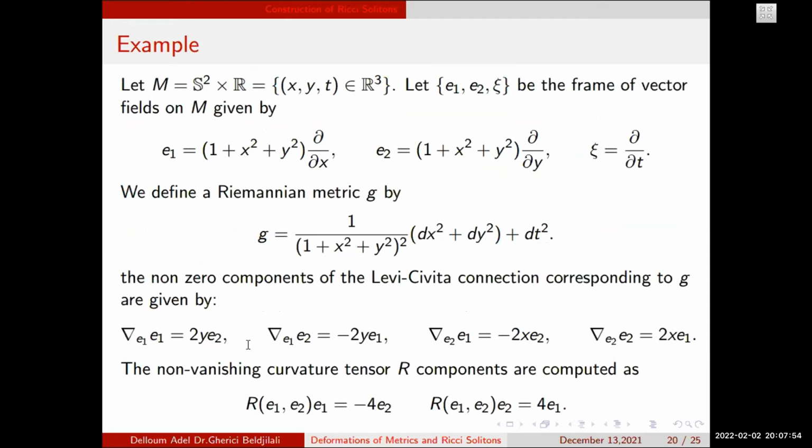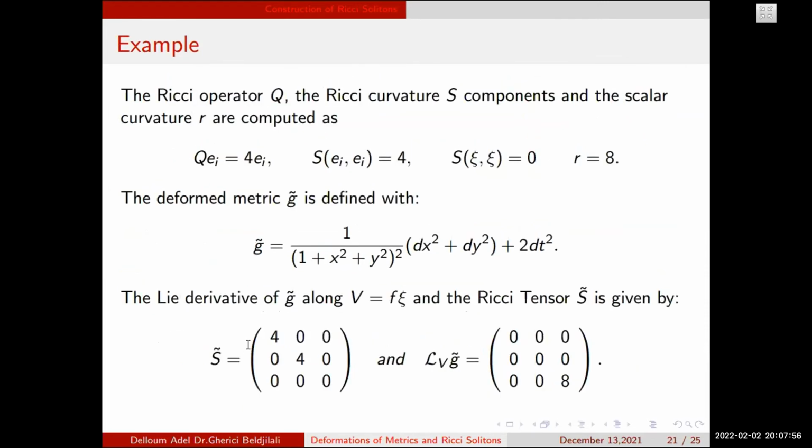Now, what can we do next? Where can we go from here? So we haven't used any special vector fields in our work. We simply supposed that the vector field V is collinear to the characteristic vector field.